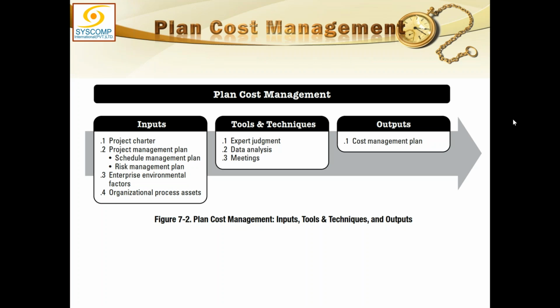Cost management plan may also detail ways to finance project resources, such as making or purchasing, renting or leasing. These decisions, like other financial decisions affecting the project, may affect project schedule as well as the cost. And that is exactly why we were considering the schedule management plan and risk management plan as an input.